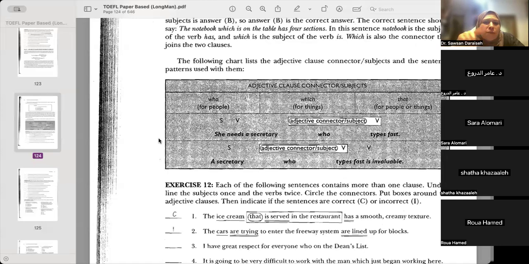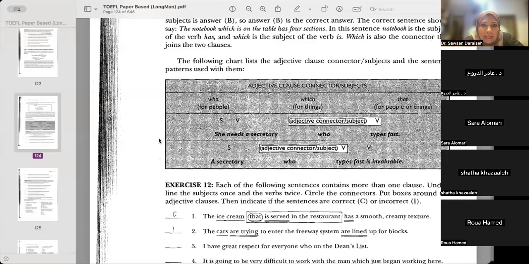So I used the first style where I used that as a connector, but I did not also use it as a subject. I used it as a connector only. She here is the separate subject, and then I said she can trust. Can trust is the verb of that adjective clause.